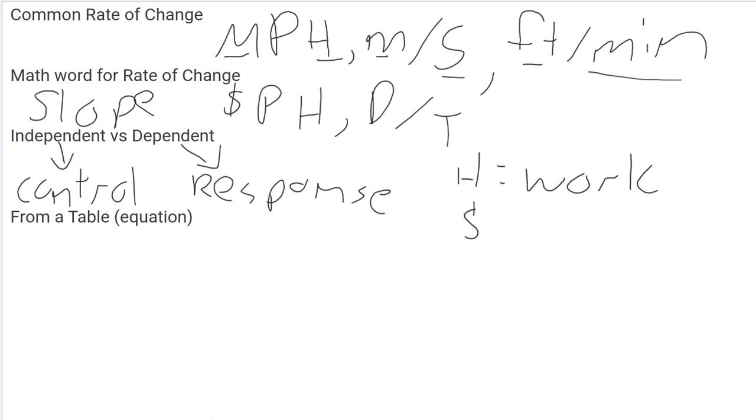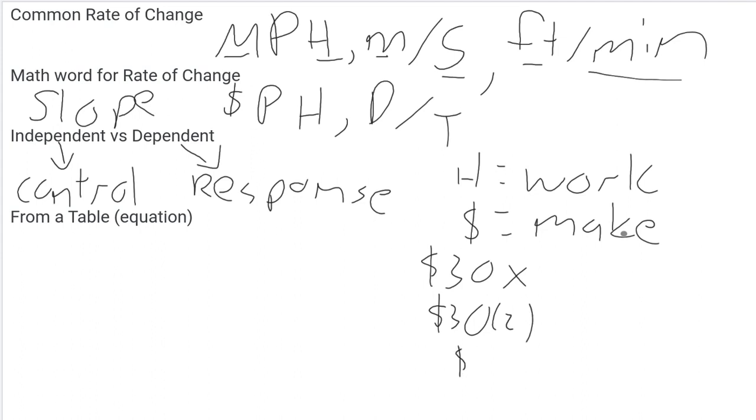I cannot control how much money I make. But if I get paid $30 per hour, I can control this. I can say I'm going to work 2 hours. And then I should get $60. I can't tell my boss, give me $60 and then magically 2 hours has gone by.